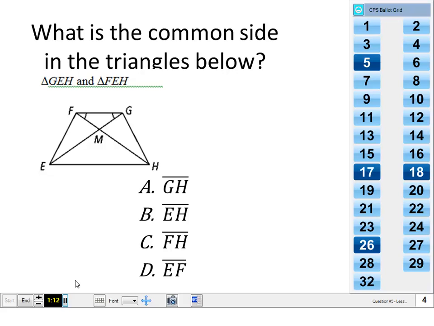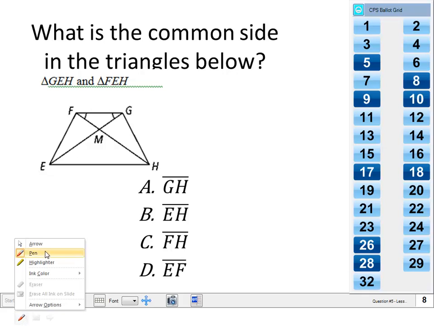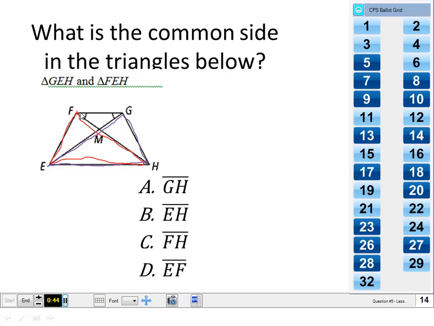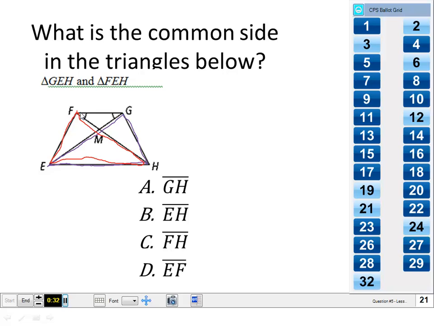There are a lot of triangles. GEH and FEH. What is the common side in the triangles below?